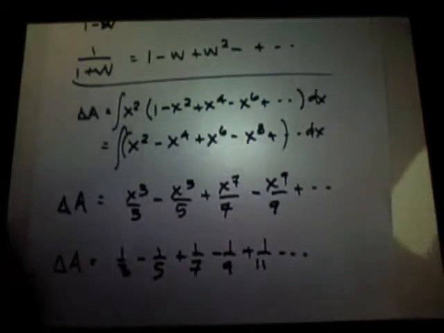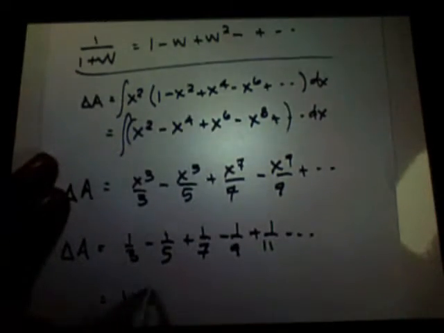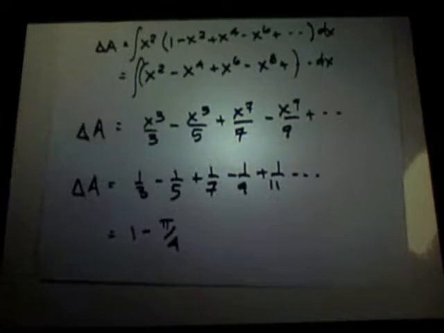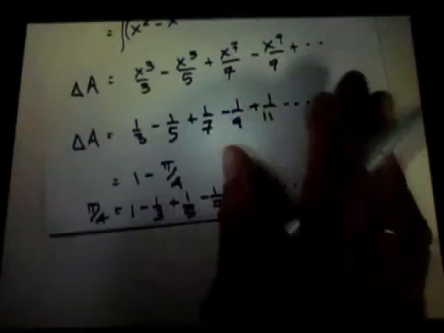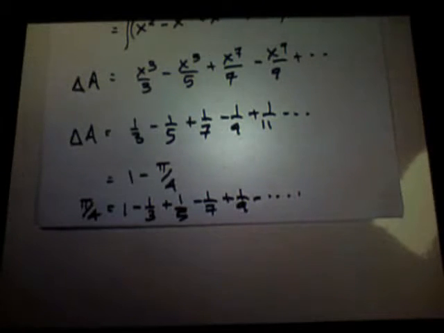So apparently the other way of doing this is to write that. Transpose the pi over 4 and the series terms, and what do you get? There is Leibniz's famous series for the arctangent.